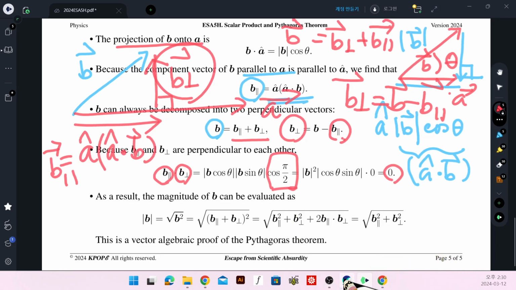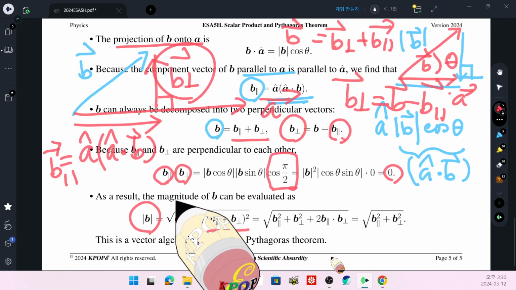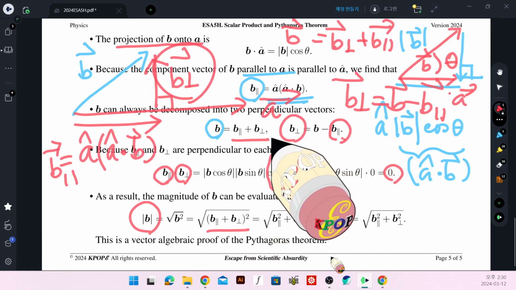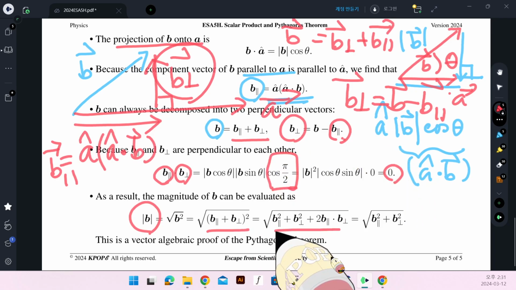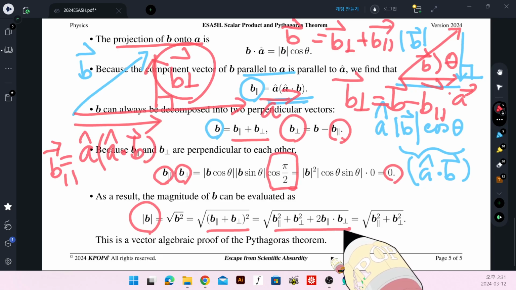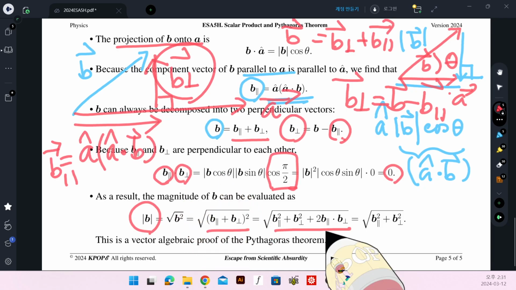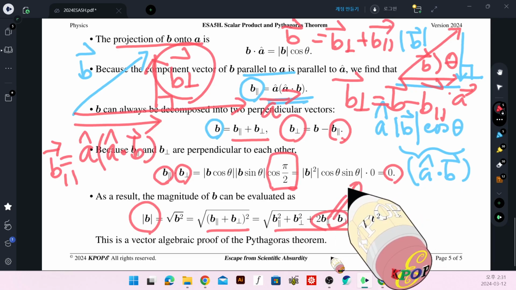As a result, the magnitude of the B vector can be expressed as the square root of the square of that vector. We know the square of the sum of this parallel and perpendicular component leads to the expansion formula. Because parallel and perpendicular components are perpendicular to each other, this term is absolutely 0.